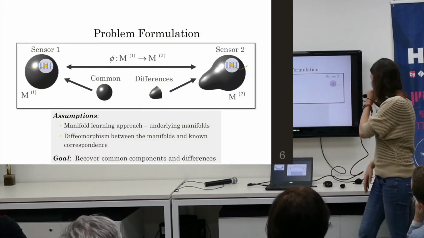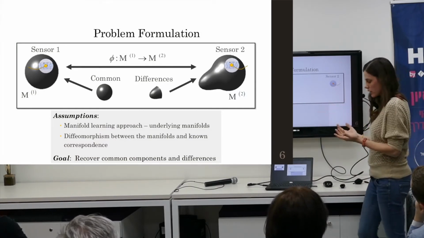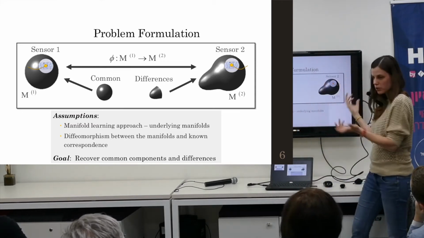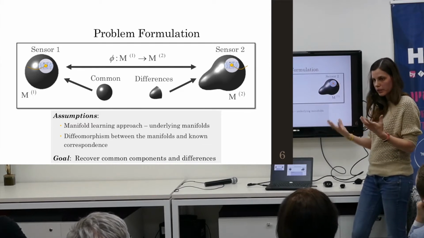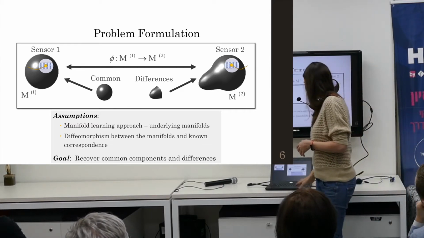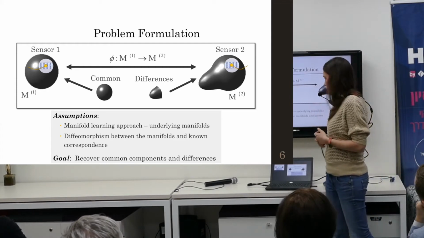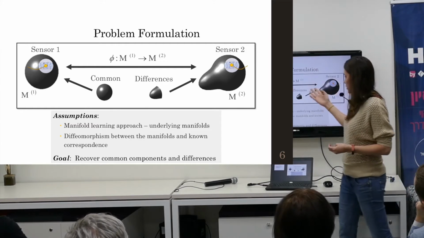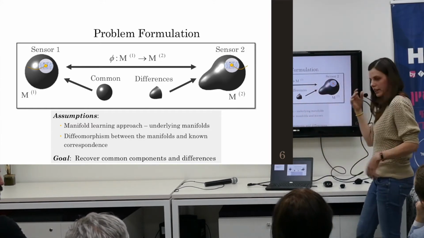Okay, so what's our problem formulation? We assume we have two sensors, and that they lie on two manifolds. Instead of comparing the data sets, we want to compare the manifolds themselves. We assume that there is some transformation between these manifolds, and our goal is to recover common structures, similarly to the EEG application I talked about.